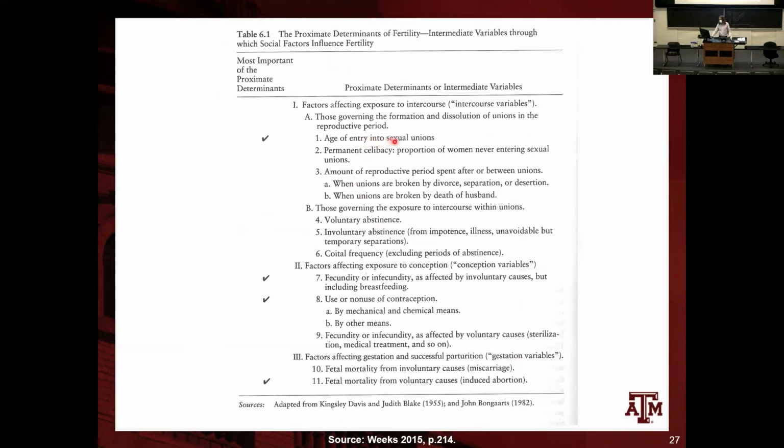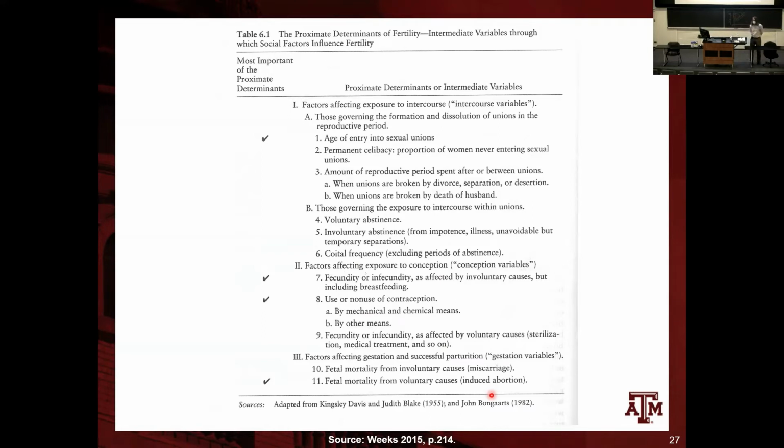Age of entry into sexual unions, proportion of women entering sexual unions, amount of reproductive period spent after or between unions, and then some variables related to exposure to intercourse: voluntary abstinence, involuntary abstinence, and sex frequency. Then conception: fecundity or infecundity, use or non-use of contraception, and fecundity or infecundity as affected by voluntary causes. Here it's involuntary causes, here voluntary causes. And then gestation, related to miscarriage and abortion.